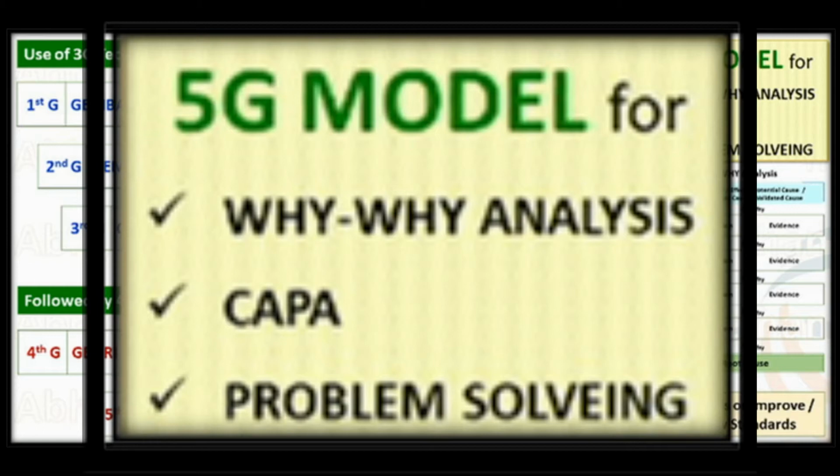If there is any problem in your professional or personal life, you can analyze it based on this 5G model through why-why analysis, kaizen, and problem solving tools. I will share how you can use this template and tool in this session today.